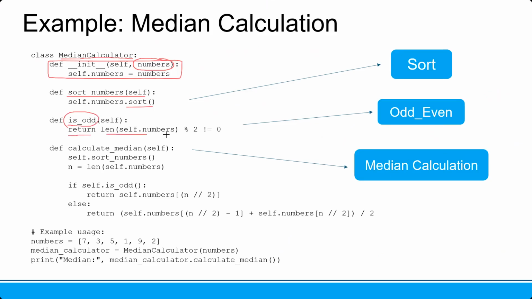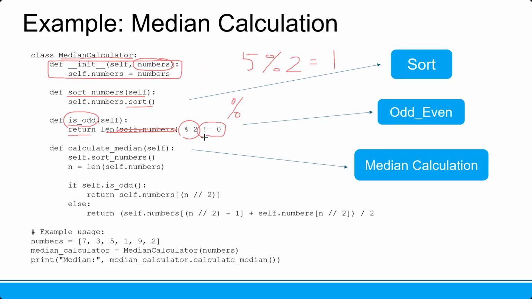So the length of those numbers, we know the length means we want to check how many elements. And we want to check the remaining values. Last time we already had the function with the modulo or remainder. 5 remainder 2 is 1, so it is not 0.